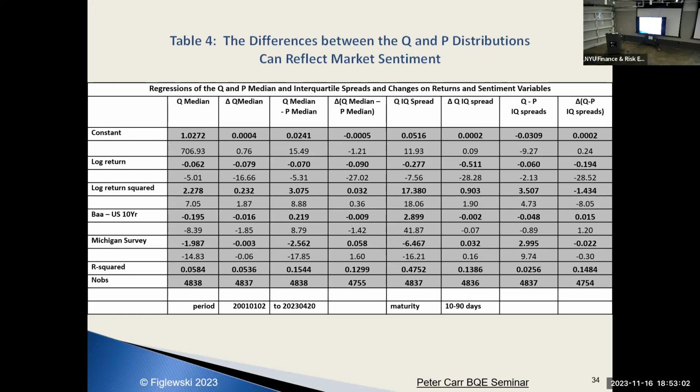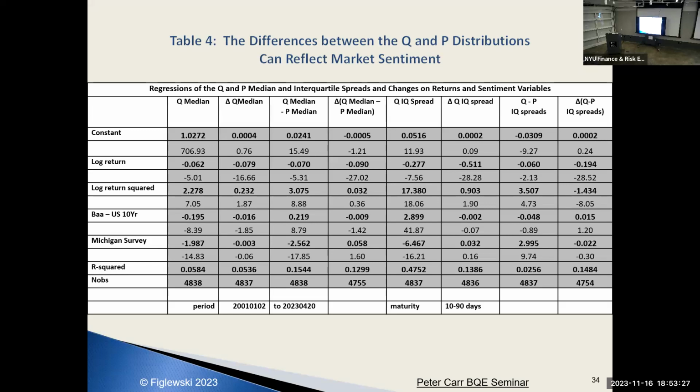This section, we're looking at changes in the median, and this section, looking at changes in spreads, the risk parameters. So look at the Q median. I'm going to explain it with a couple of the no arbitrage variables, and I've put the others in there too, but I don't want to have too complicated tables.